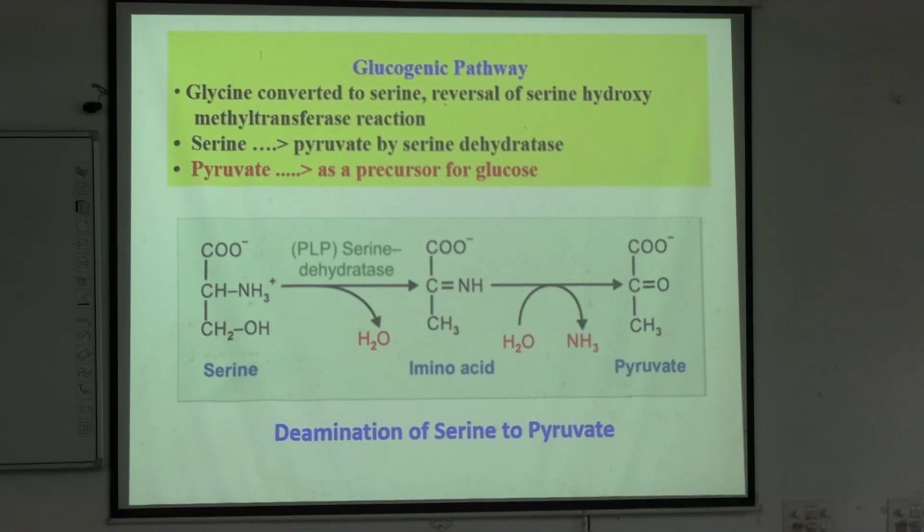So, this pyruvate acts as a gluconeogenic precursor. If you recall gluconeogenic precursor, pyruvate is there. So, that is the reason why it is called a glucogenic amino acid, and this is the reaction of serine to pyruvate. Only here the name of the enzymes will be required, and this will be taught in other classes also. Only thing that chart you remember, only the name of the enzymes you have to write down.